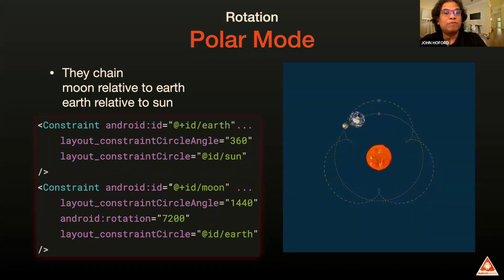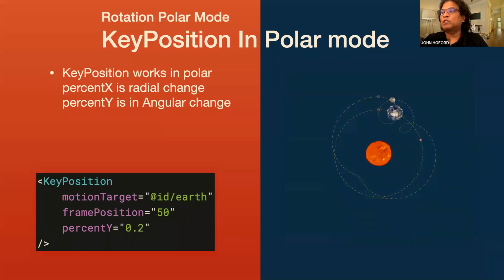Now, you can also support key positions in polar mode. In this particular case, you see the motion is retarded because percent y is the angle. So in this key position, you're saying for the first half of the rotation, do not move the rotation more than 20% of the rotation.